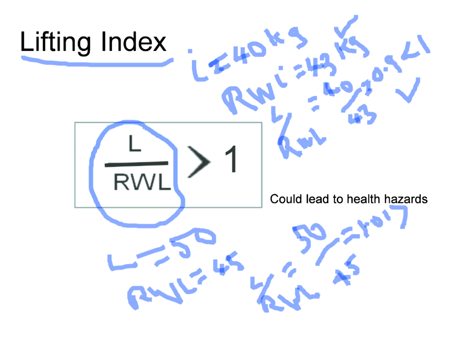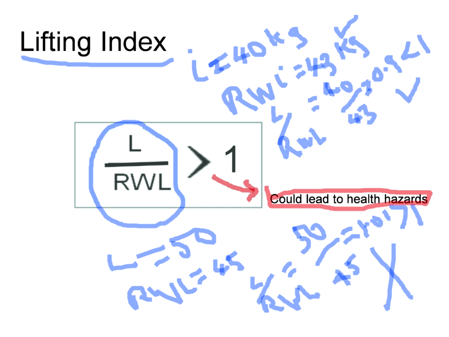But if L is 50 and recommended weight limit is 45, then what is the lifting index? L by recommended weight limit is 50 divided by 45.